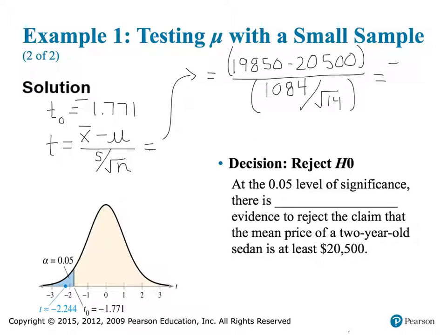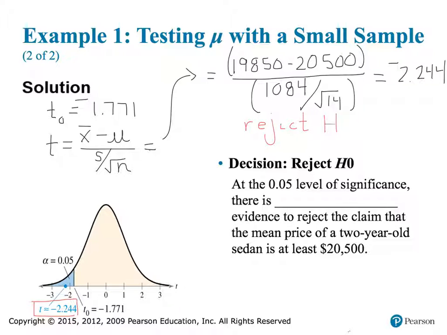We get a test statistic of negative 2.244. Well, notice negative 2.244 is in that blue region. It is in the rejection region. So we are going to reject the H0.